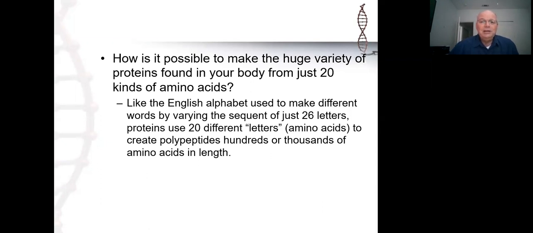Well, just as in any language, you have a limited number of letters to make up the thousands upon thousands upon thousands of different words that make up that language. So you can make up a lot of different polypeptides by simply arranging 20 amino acids into multiple different forms, multiple different sequences.